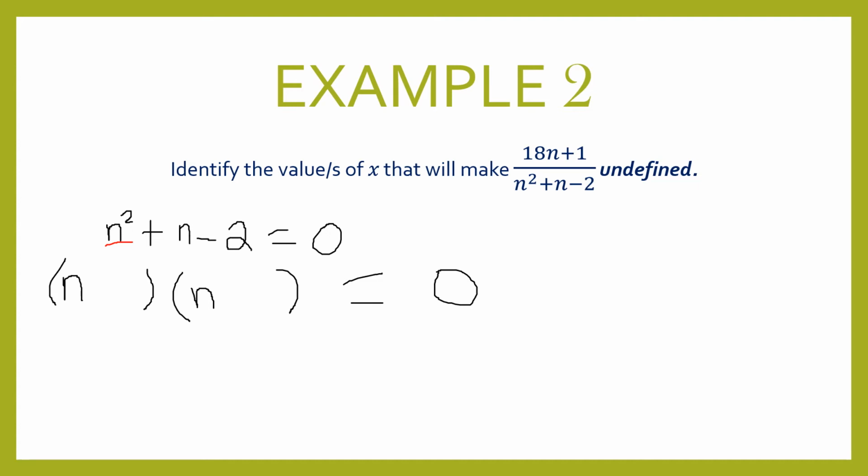Next, tingin naman tayo dito sa ating last term. Our last term is negative 2. Now, para makompleto ang ating factors, so, ang gagawin natin, ano ba yung factor ni negative 2 na kung saan pag pinag-add natin or kinuha natin yung sum, ang kalalabasan ay yung coefficient ng nasa gitna.